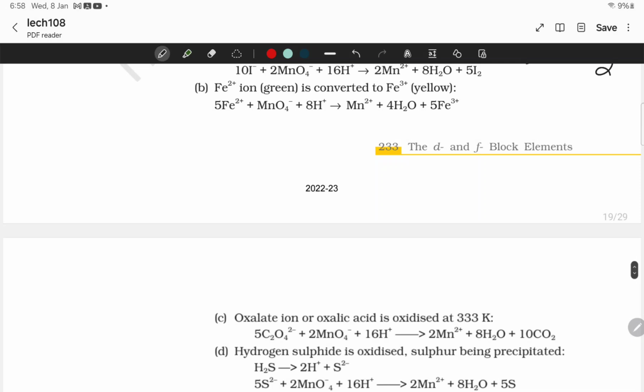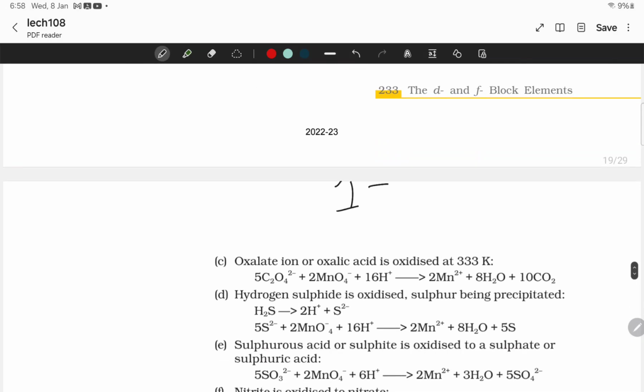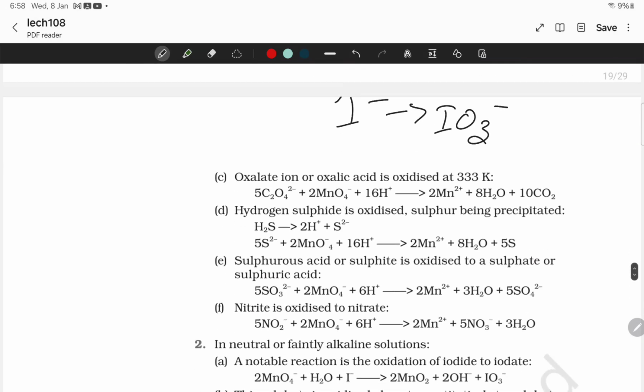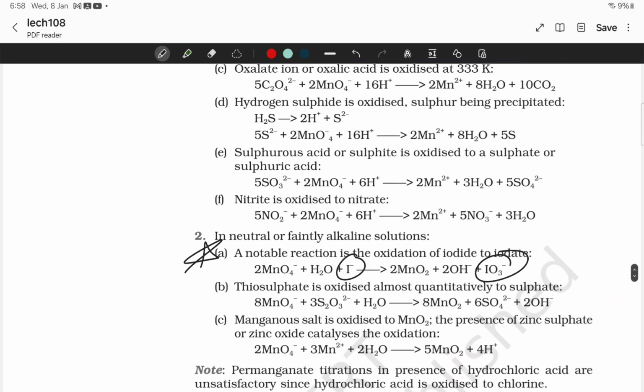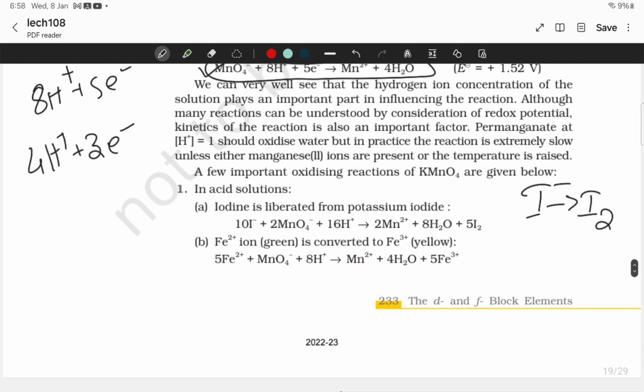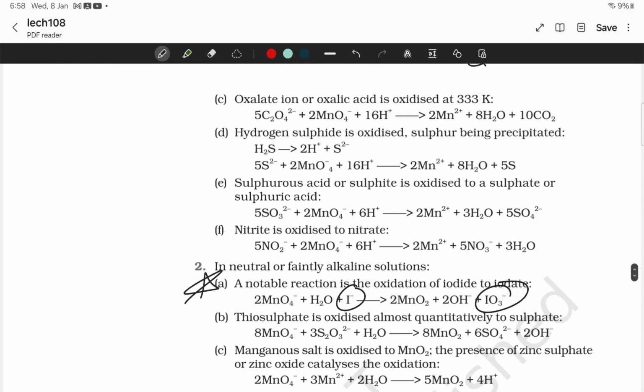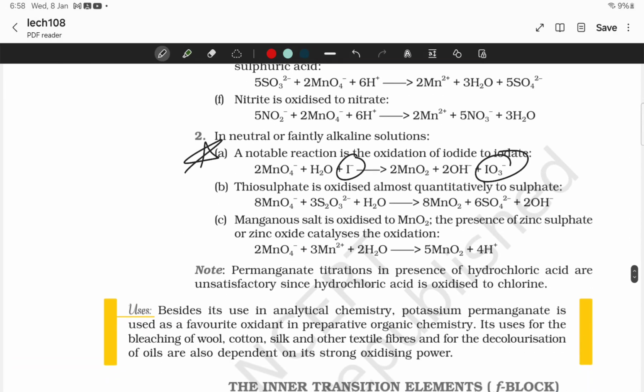But in basic medium I minus is going to become IO3 minus. This thing is important. That is the only difference there.